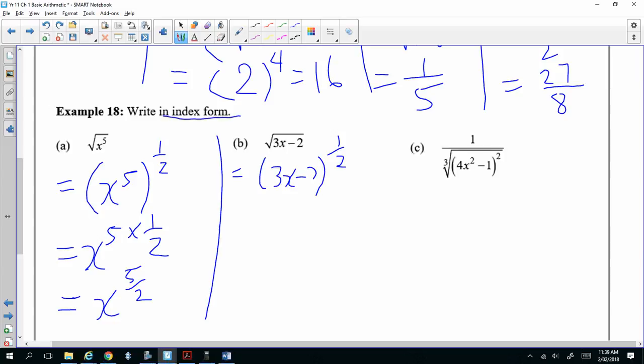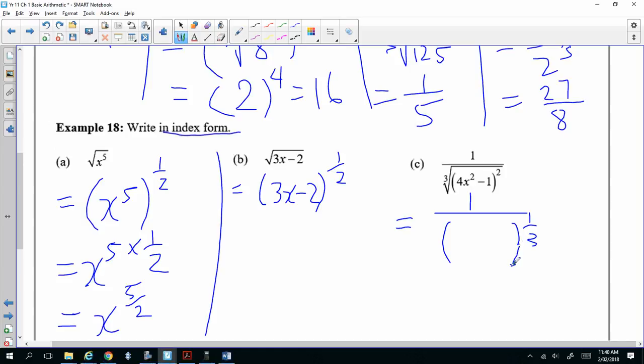Okay. And then last one, need a bit more steps. Okay, cube root, first things first, just write the cube root as a third. Right? And then inside, you have a square. So you get 4x squared minus 1 inside.